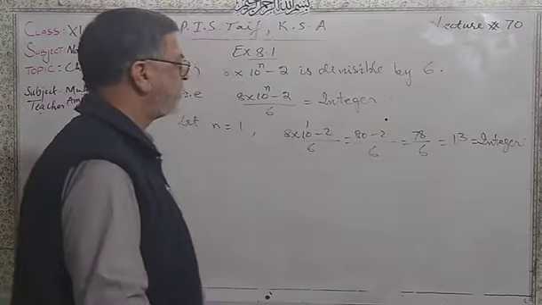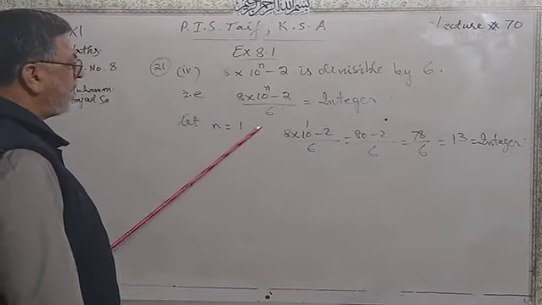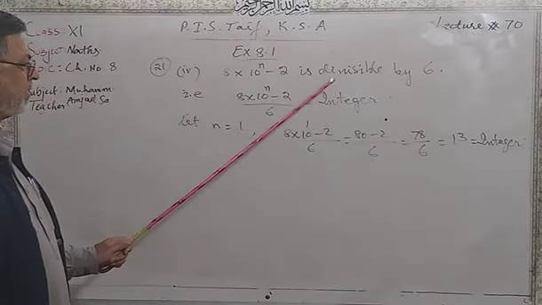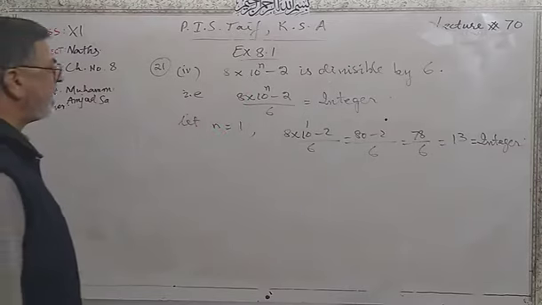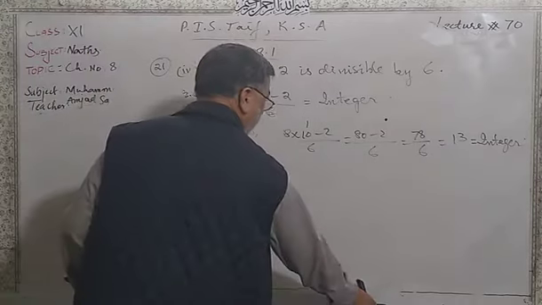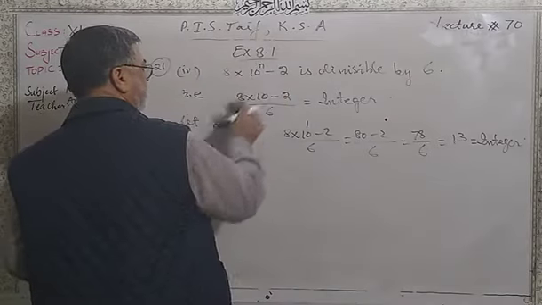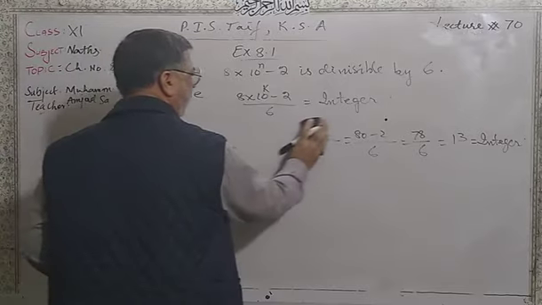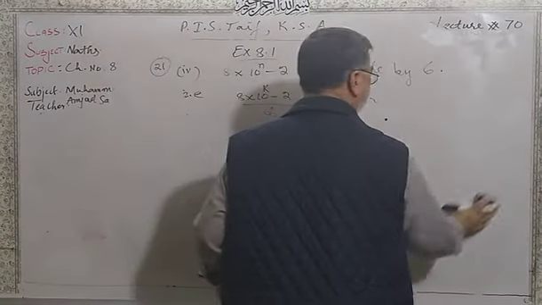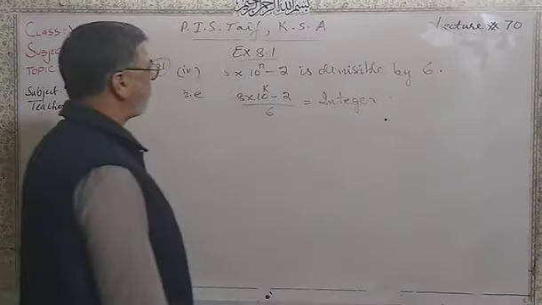Dear students, for n = 1, we got an integer. Let us suppose that it is true for n = k. We have to prove that it is true for n = k+1.